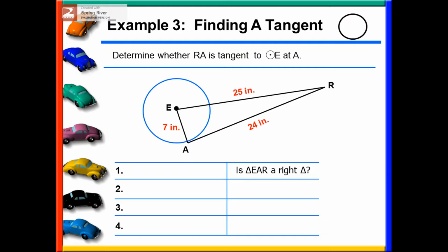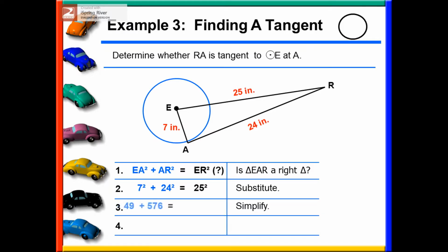Is triangle EAR a right triangle? EA squared plus AR squared is equal to ER squared. Substitute: 7 squared plus 24 squared is equal to 25 squared.